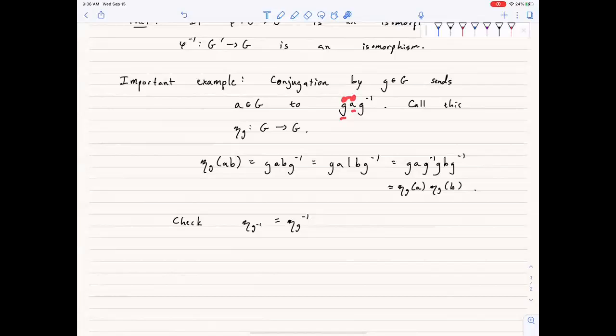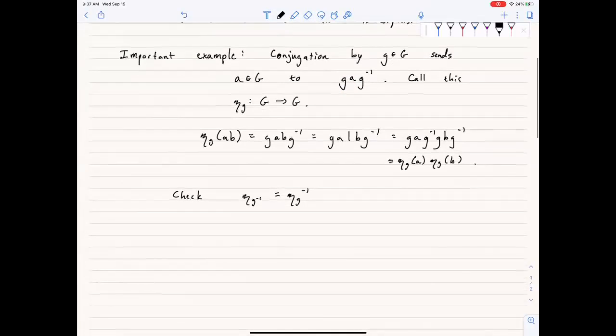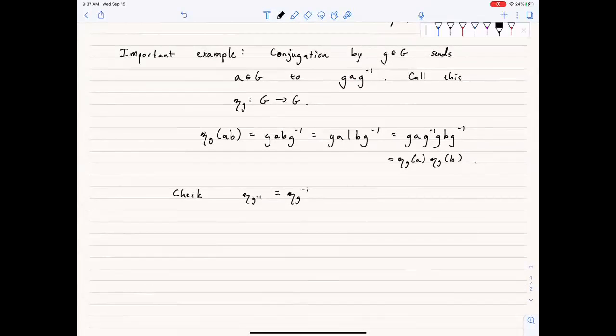So I can switch a and g here, and then I'll get a times g g inverse, but g times g inverse is identity. So conjugation for abelian groups is not very interesting. It's just all the identity. So why am I saying it's an important example? Because group theory is most interesting with non-abelian groups, by far. Abelian groups, okay, there's some things to say there. You definitely want to know a little bit about them if you're doing mathematics, but they're not the most interesting features.